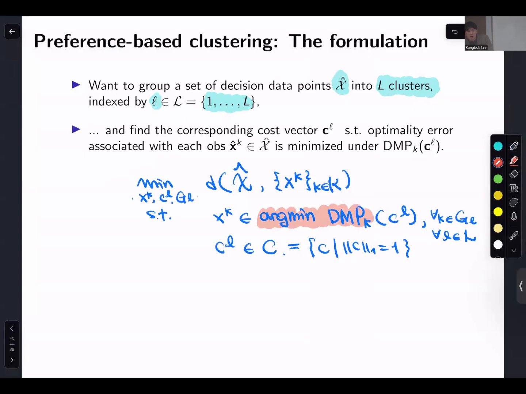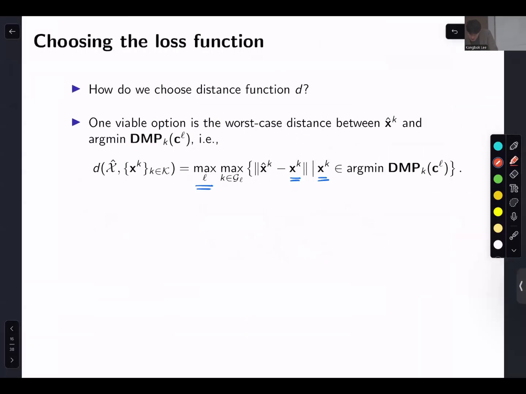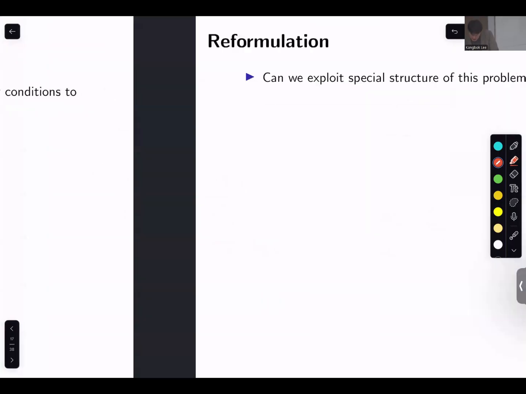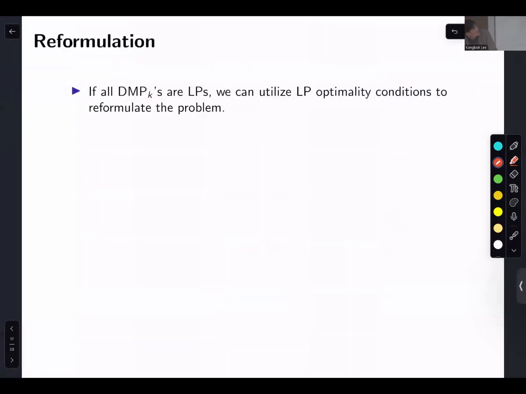Now, this goes back to how you reformulated that inverse optimization problem: dual feasibility and complementary slackness. These two sets of conditions will replace this part, which is right now rather abstract. Okay, so I'm going to skip this part. Now, if the DMPs were convex, then similarly, you can replace that argmin part with the KKT conditions. Okay, that's what I wanted to say.